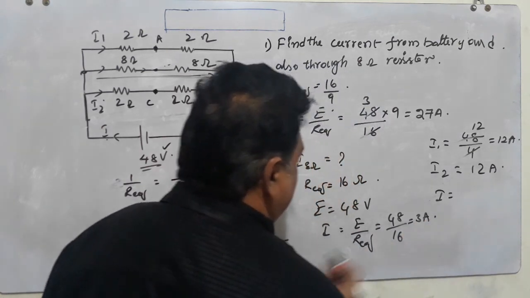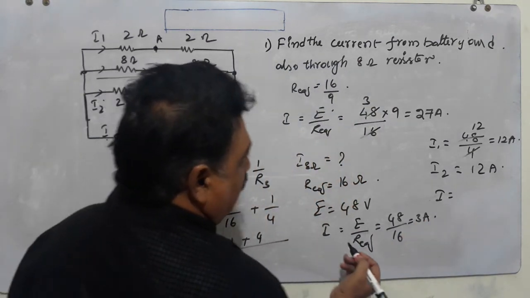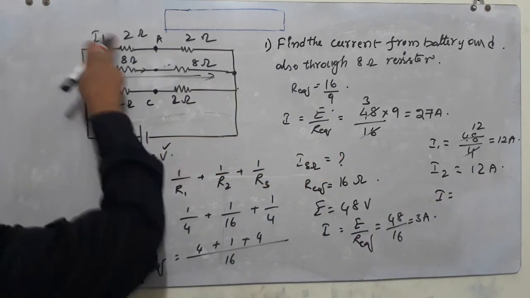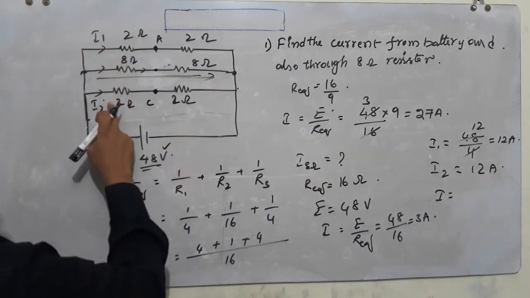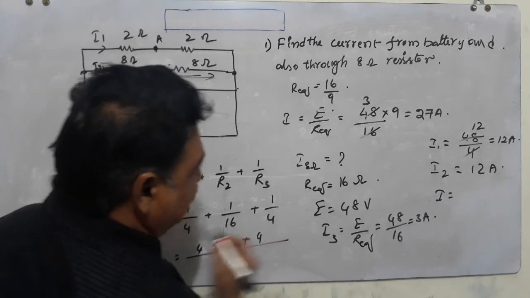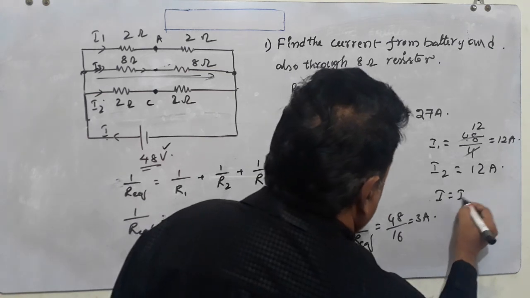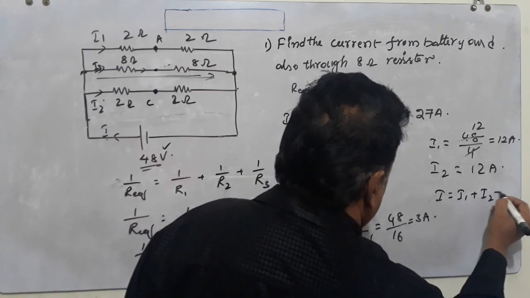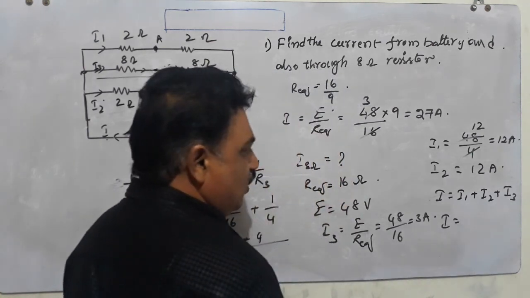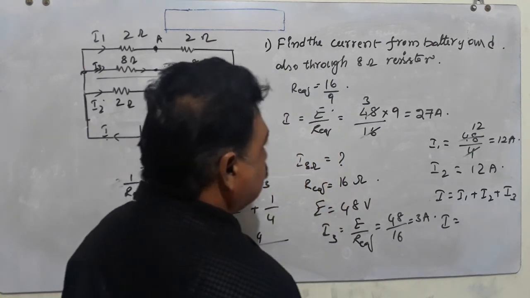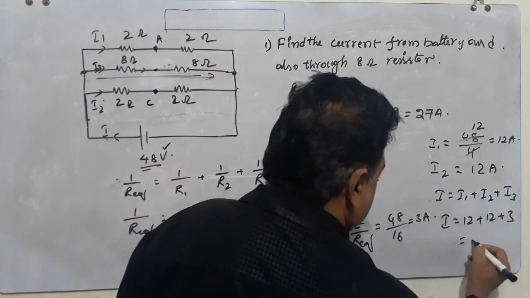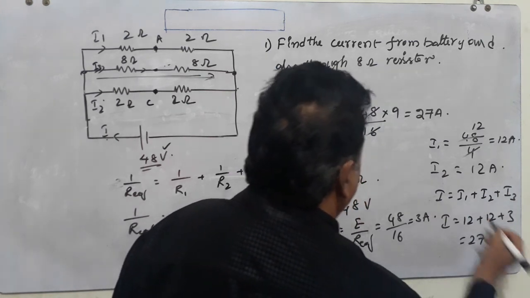So total current I, if you want, I is equal to the algebraic sum of all these currents. I1 plus I2 plus, if you take this one as I3, so that I is equal to I1 plus I2 plus I3. So that I will be equal to how much? 12 plus 12 plus 3, that is equal to 27 amperes.